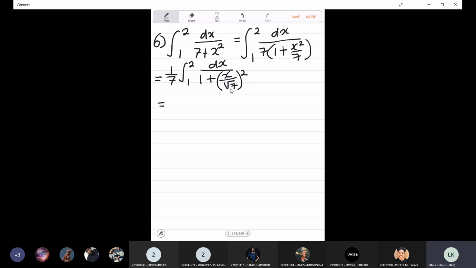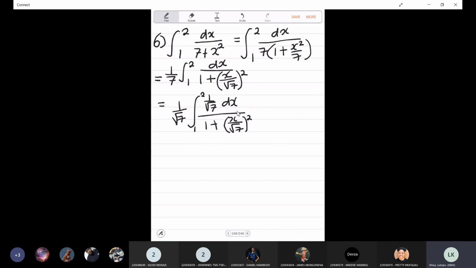So this is 1 over the square root of 7 dx, and then 1 plus x over the square root of 7 squared, and here we will have 1 over the square root of 7, so that when we multiply this and that, we still end up with 1 over 7.